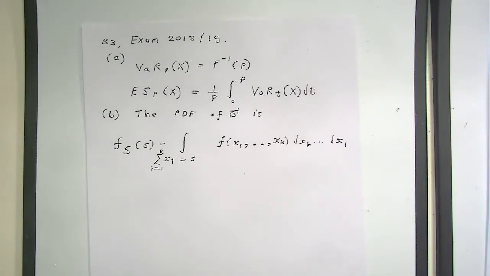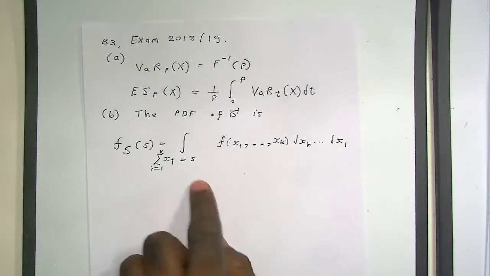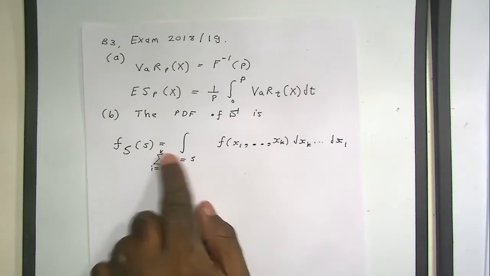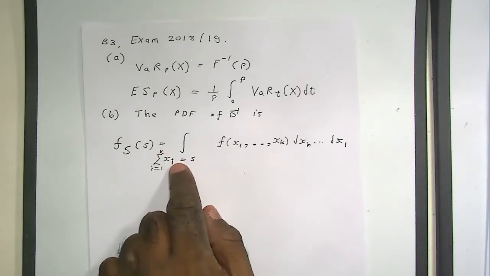If you look at the lecture notes, you will see. This is the formula I gave you some time ago. You have to integrate the joint density of x1 to xk over this region, where the sum of xi's, i from 1 to k, is equal to s.